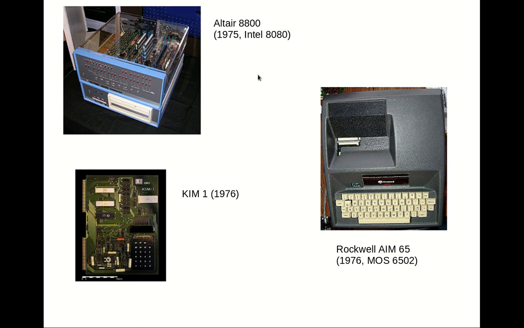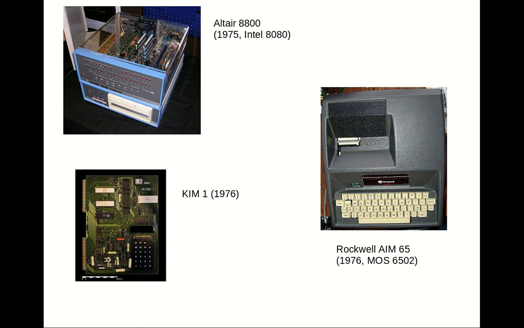As I mentioned before, the microcomputer revolution was slowly triggered in the middle of the 1970s, more by enthusiasts that were able to use these kinds of machines that you see here on this slide. For example, and most prominent, the Altair 8800. This is a computer from the year 1975, and it used an Intel 8080.